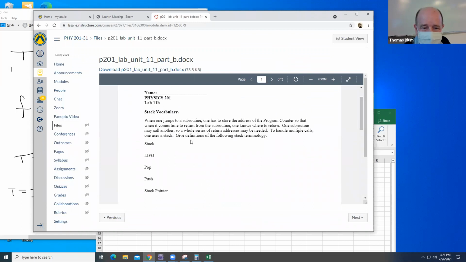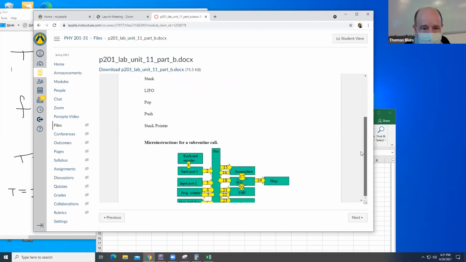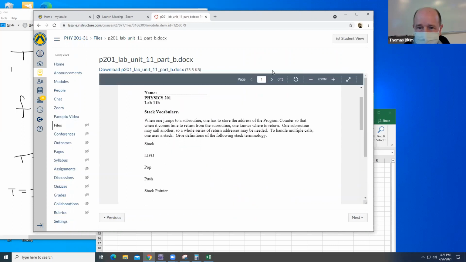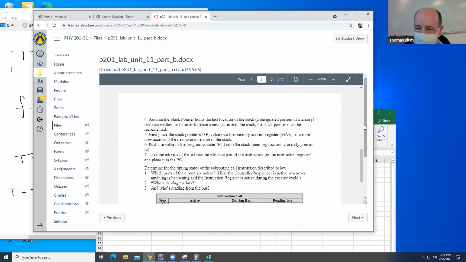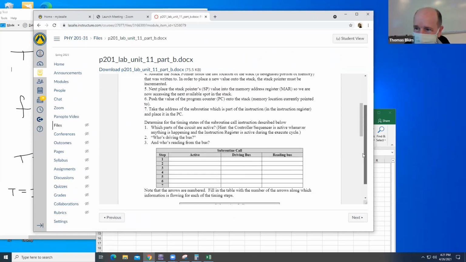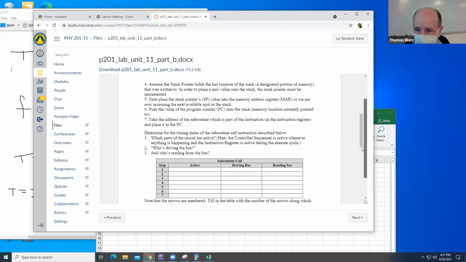11B is some stack vocabulary, again, to Google some stuff. And then the second part is one of these mapping out instructions. So we're going back to, here is me explaining how the instruction works, and then you trying to fill in this table.